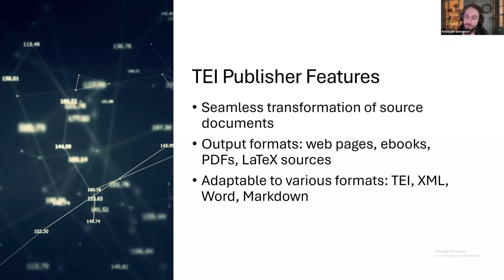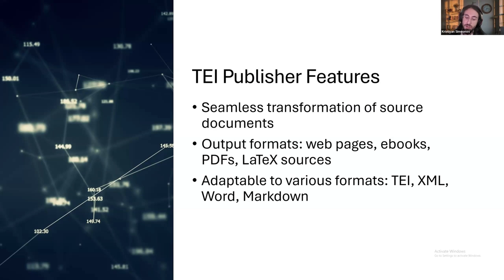No matter how the source material has been encoded, it can be easily transformed into a range of output formats for a publication, from modern web pages that you can open on every device, a phone or a laptop or tablet and so on, even an ebook, to a PDF file or a LaTeX source file.